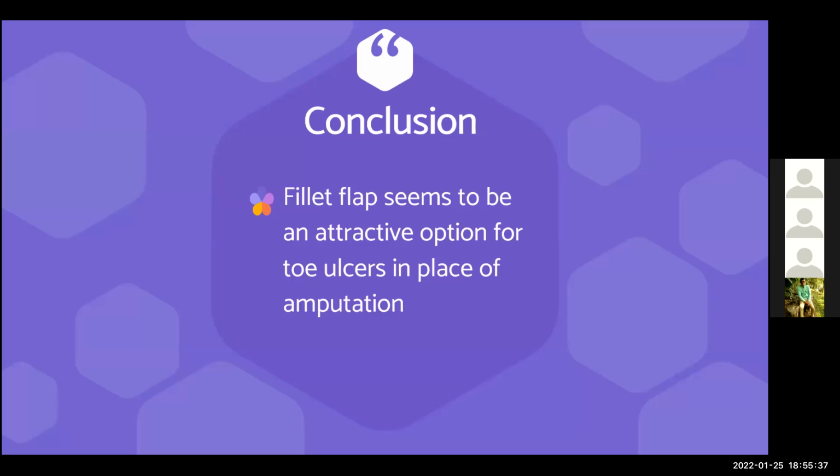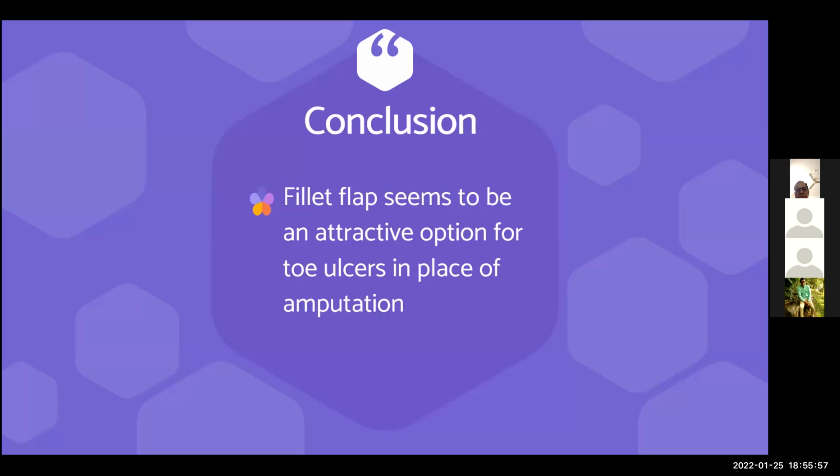So the takeaway message is fillet flap is not for all wounds. That's a very good question. There should be a sufficient amount of viable normal soft tissue with which we can close the stump. So that I think should answer Dr. Niranjan's question.